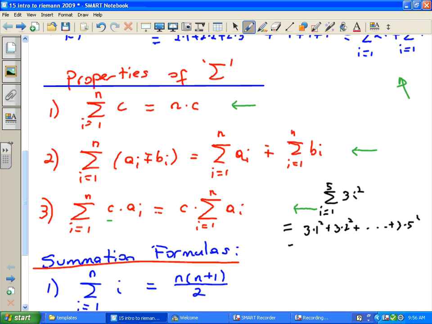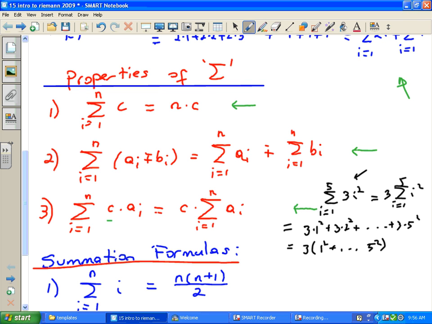Could I take out the 3's from each of these terms? We certainly can. So take the 3 out, so 1 squared all the way to 5 squared. So as a summation, could I write it like this then? 3, take the 3 out from this sum, 3 times summation of I squared as I goes from 1 to 5. Could I write it like that? Certainly, right? It's really a simple property of addition that you can factor it out. If every term has the same factor, you can take it outside. Basically, that's what rule number 3 is telling us that we can do.